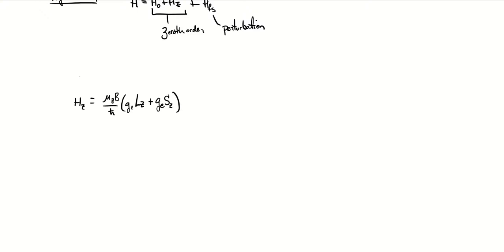And this is diagonal in the uncoupled basis. Since it's the first perturbation we're applying, we're just going to use that uncoupled basis to get the energy shifts due to this perturbation.